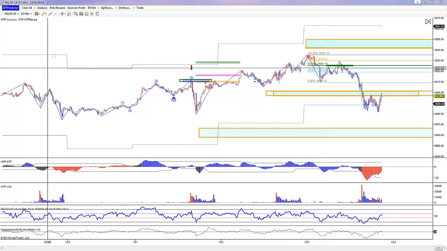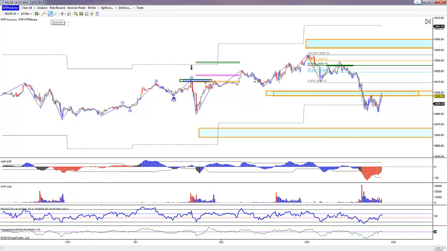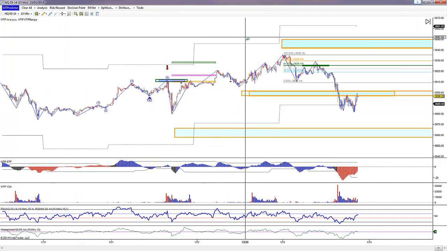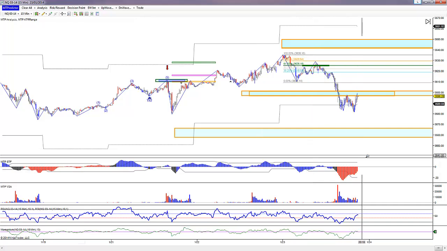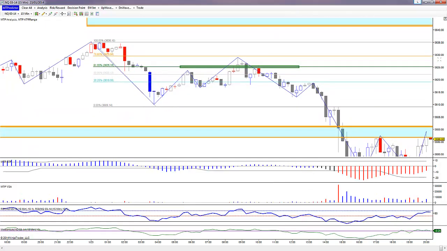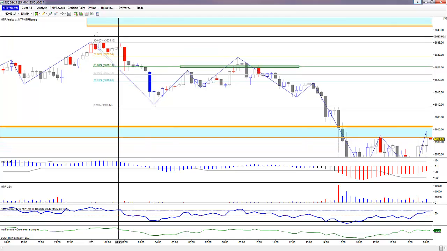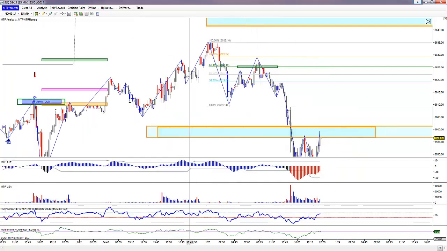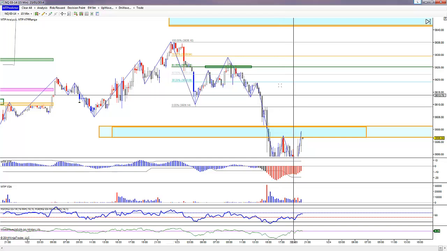Now I'm just going to zoom into that area a little. And I'd like to try and show you what really was interesting to me on this chart.